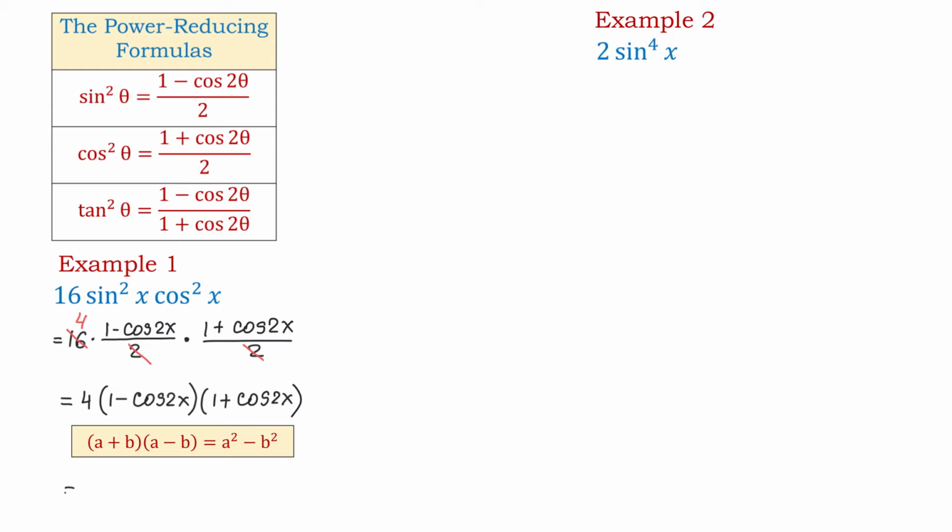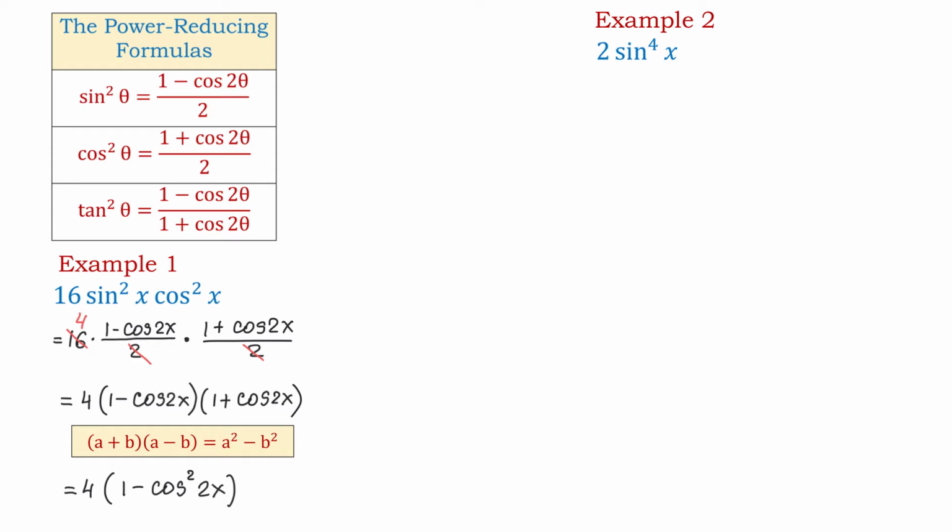So we will bring down 4, and according to this formula, 1 minus cosine of 2x times 1 plus cosine of 2x is 1 minus cosine squared of 2x. So again, 1 squared is 1, and cosine of 2x squared is cosine squared of 2x.